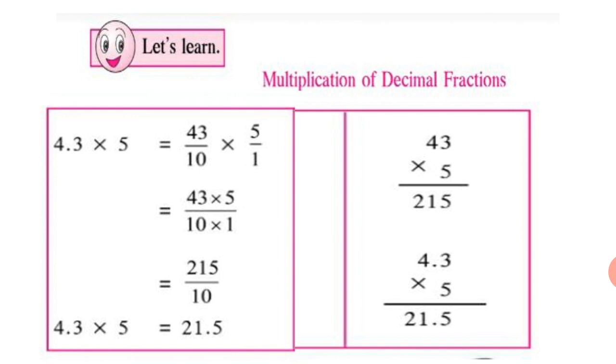Now see after decimal point how many digits are there in the question. Only one. So in the answer also count one digit from right and place a decimal point in your answer. So your final answer will be 21.5.